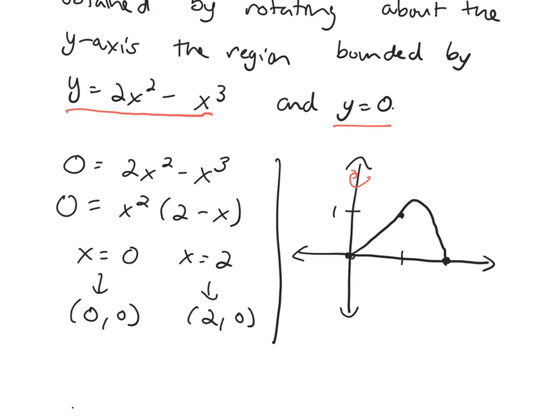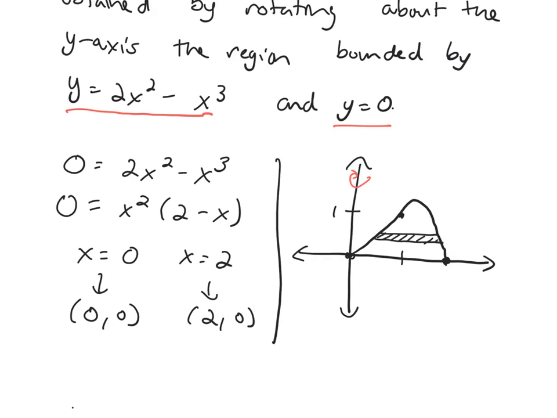You want them to be perpendicular to your rotation line. So when I take my strips here, they should be horizontal, and I'm going to rotate that around my y-axis. Do I get a disc or do I get a washer? A washer. There's a gap between my strip and my rotation line, so I'm going to get a washer.